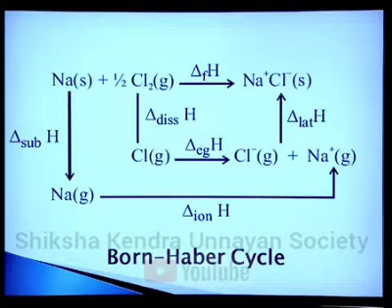Now, you can see the Born-Haber cycle in the diagram form, where Na solid plus half Cl2 gas gives Na plus Cl minus solid, with delta H being the heat of formation. So, you can see the 5 steps are there: heat of sublimation, ionization enthalpy, dissociation energy, electron gain enthalpy, and finally lattice energy.